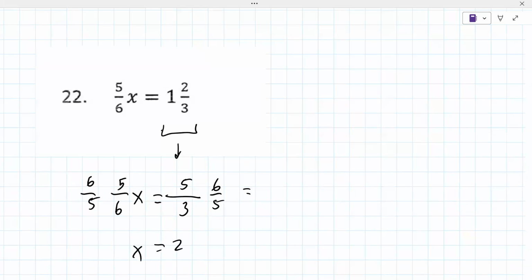Yes, x equals 2. Very good. And 23 is similar. Why don't we do one more, 23, and then we'll go back to 21 with these fractions taken care of.